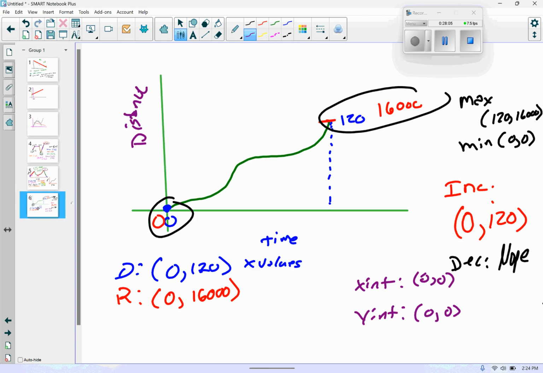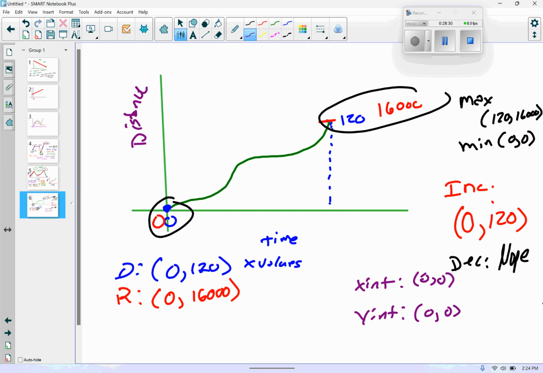So the domain of the depth of water, yeah, I think 0 to 120 is correct. We wrote the domain 0 to 120. It was the same amount of time. Just because one person was checking how deep it was and someone was tracking how far we were going, we still did 120 minutes, a 2-hour float down the river.